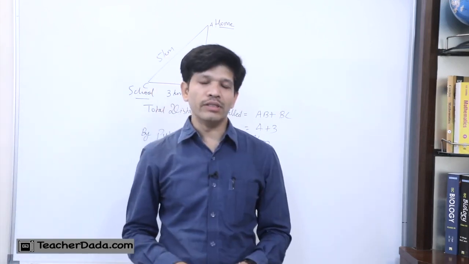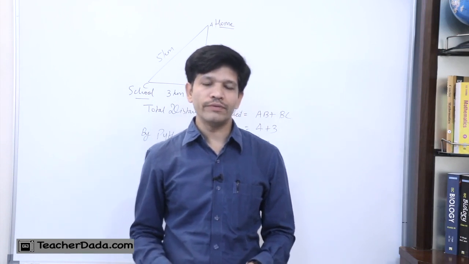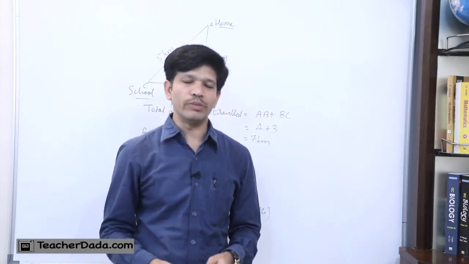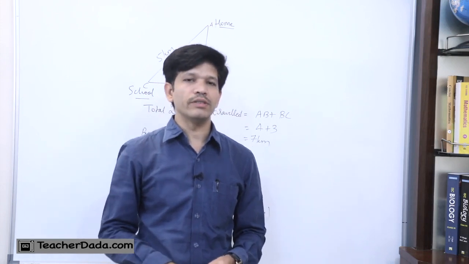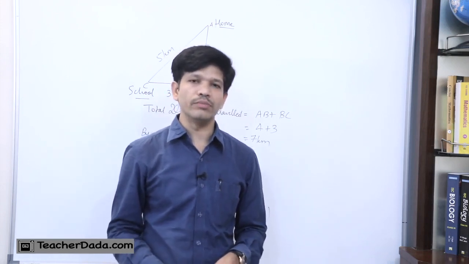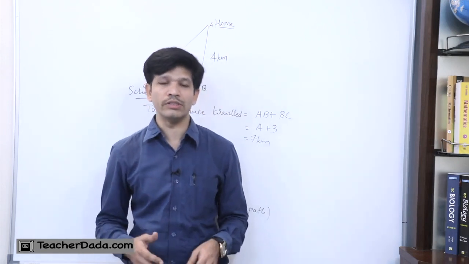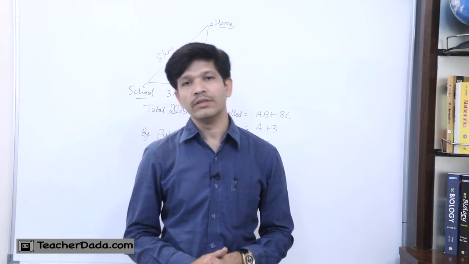Now distance can only be positive, but displacement can be positive, negative, or 0 based on the direction. Distance does not take direction into consideration, but displacement takes the direction into consideration. So this is the major difference between distance and displacement.